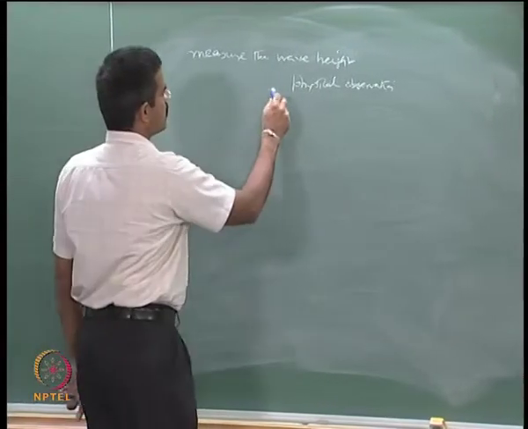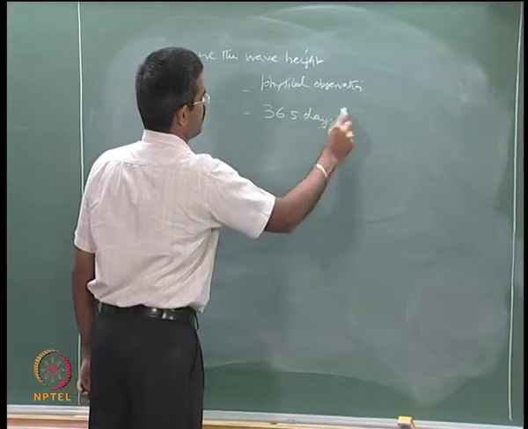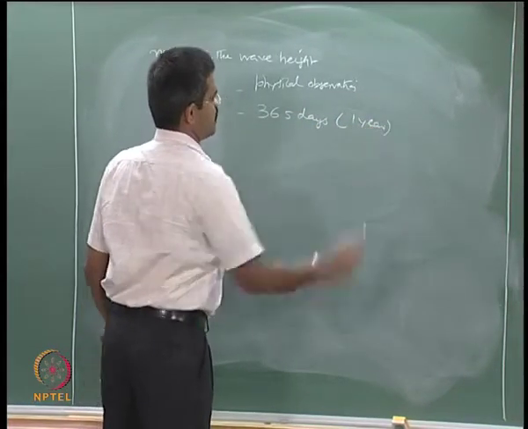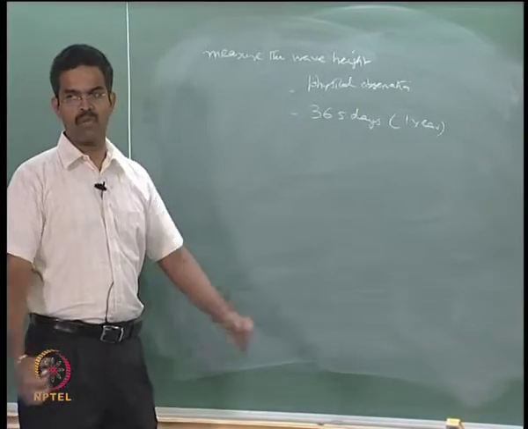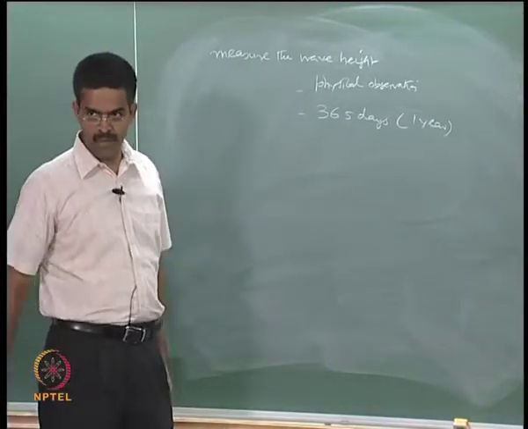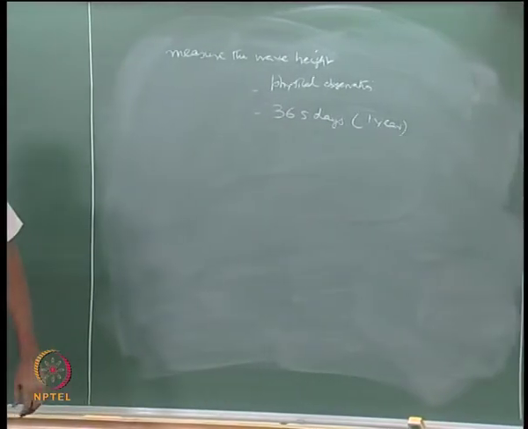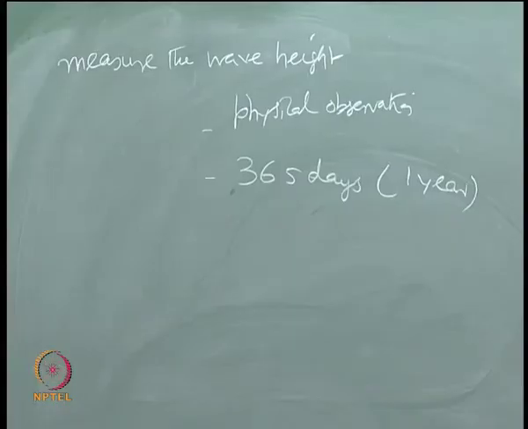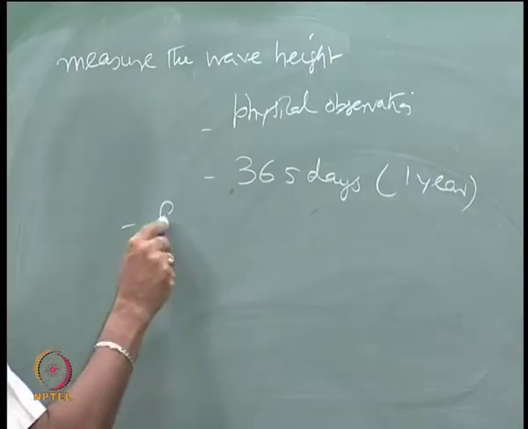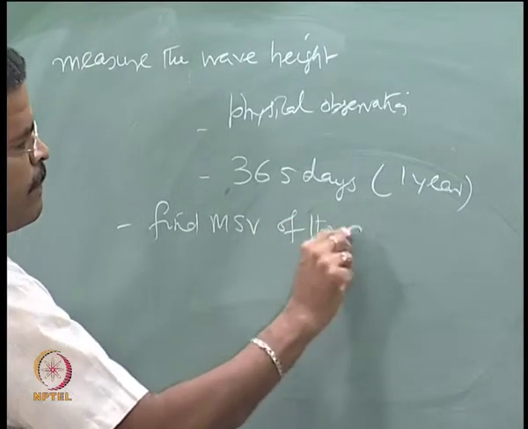I do this for, let us say, 365 days throughout the full one year. Every day at a specific time, morning 8 o'clock, I keep on observing the wave height, keep on recording it. I have 365 data with me. Now find the mean square value of this data.